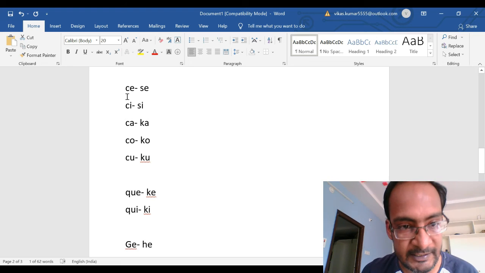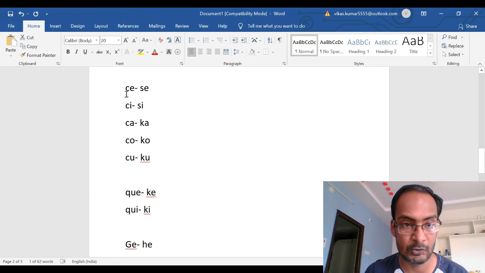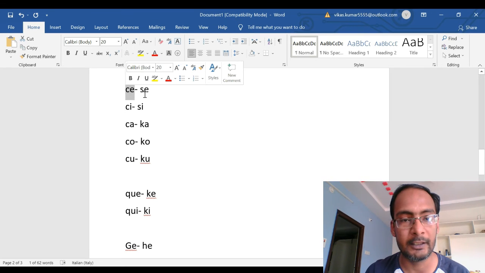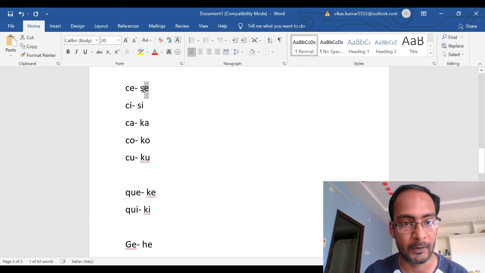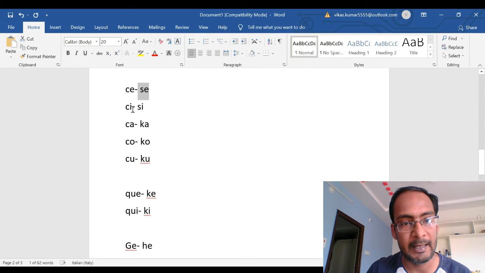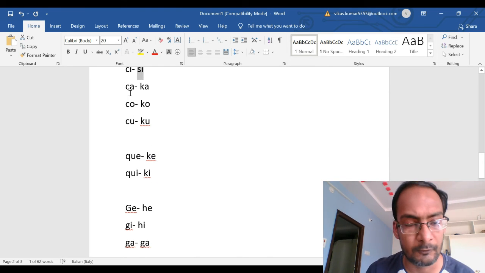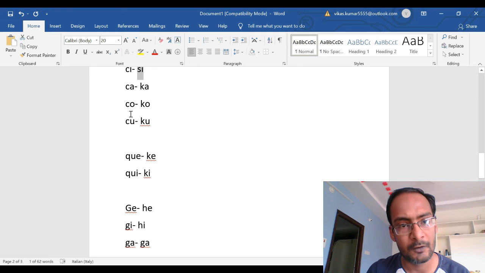The consonant C has a different sound depending upon what vowel comes next to it. If C is followed by E, it is pronounced as se. Similarly, if C is followed by I, it is pronounced as si. But with the other vowels, for example, CA, CO and CU, it is pronounced as ka, ko, ku.